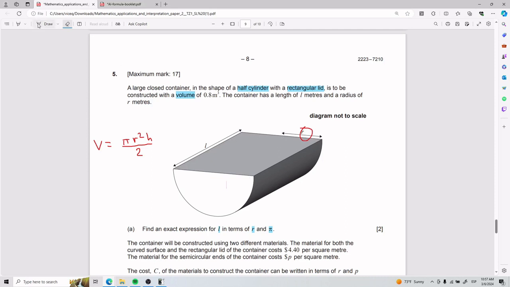But here we're working with L. This container, which is half a cylinder on the floor, yes, this is length, but if you stand it up, it's going to look something like this. Yo, my art skills today. Look at that.